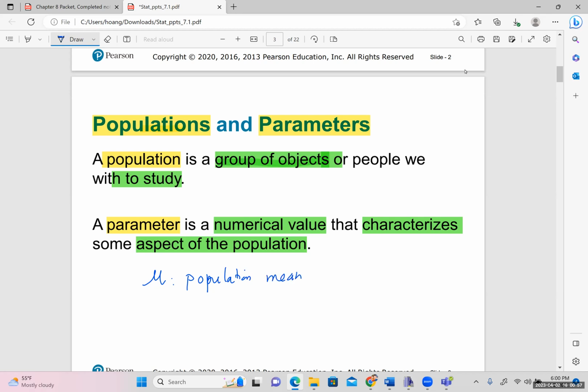We also learned in samples the standard deviation, as s. For parameters, it's going to be the population standard deviation.